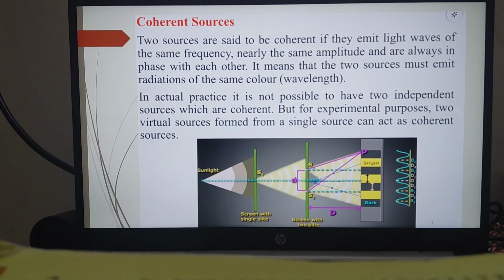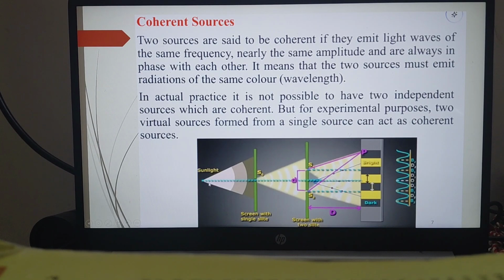Before going to interference, we need to learn what coherence is, and what a coherent source is. The biggest source of light, as we already discussed, is sunlight.